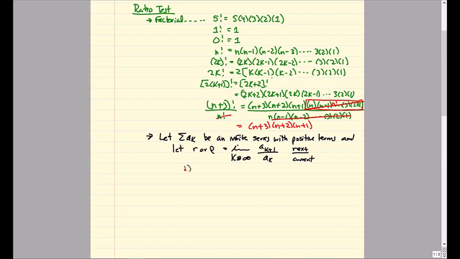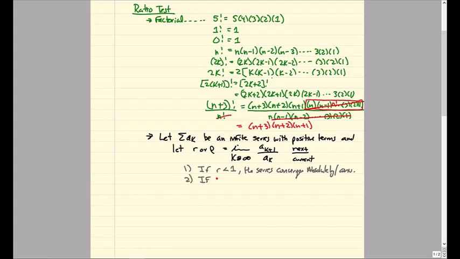One, this value of R, if it's less than 1, then the series converges absolutely. And if it converges absolutely, we can just say also that it converges. So a lot of times, unless you're asked specifically for absolute convergence, you can just say convergence there.